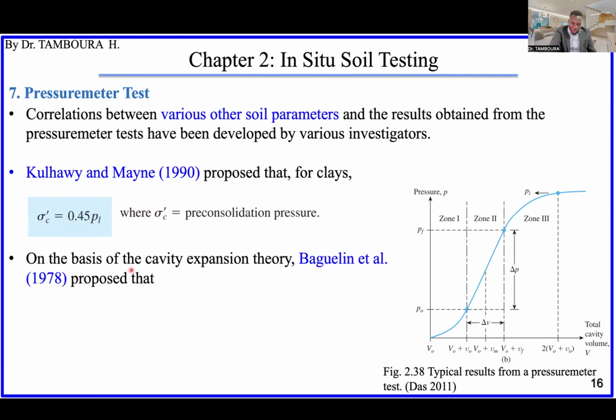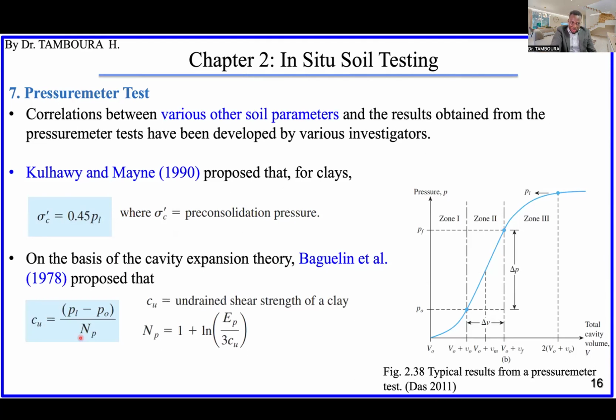Another reference is proposing this for the undrained shear strength of clay, okay? If you have the limit pressure, P0 means the initial state pressure, and NP can be obtained from this relation, okay?